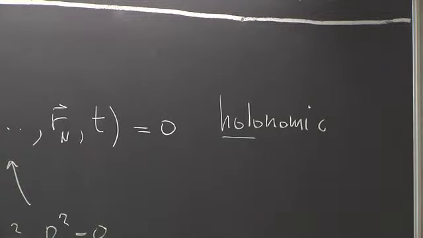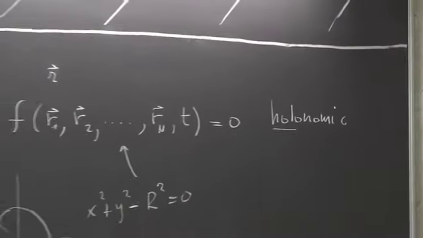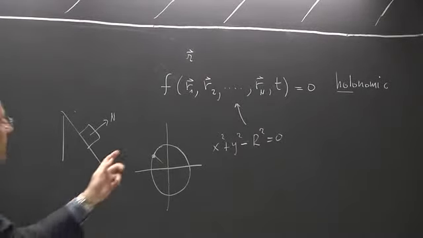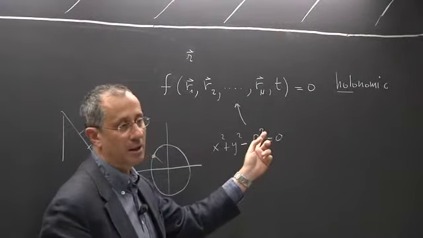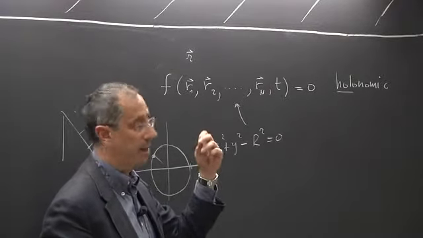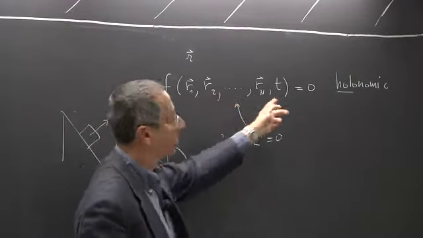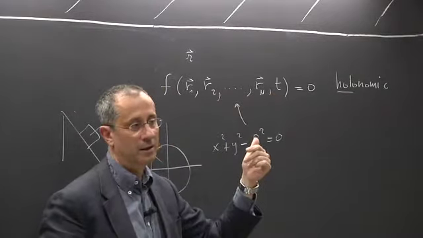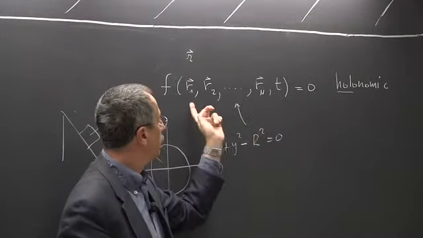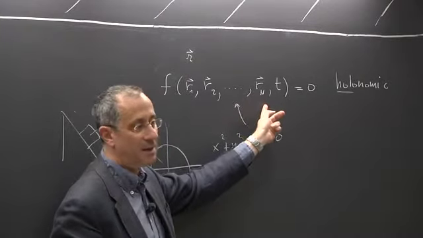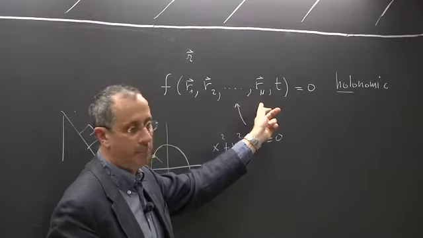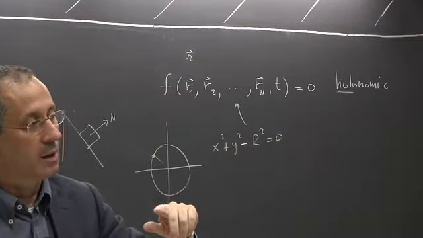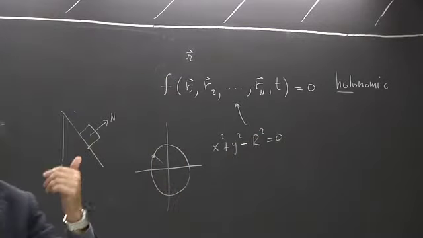And so for this important class of constraints, you immediately see that you can get rid of the constraint simply by picking the generalized coordinates in a clever way. Because you can solve this equation and write one of these coordinates as a function of the others. So you started with a system that had n independent points, so it had 3 times n coordinates, but they were not independent.